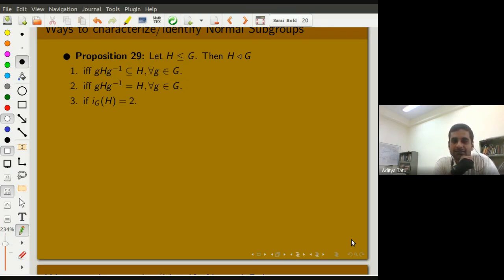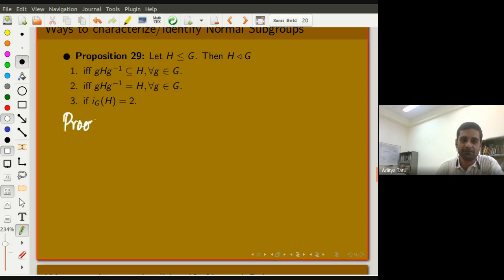It looks a little strange. What has this got to do with a subgroup being a normal subgroup? And by the way, please note this is not an if and only if statement. But if H has index equal to 2, then that subgroup has to be a normal subgroup. Why should that be the case? Can anybody see that?